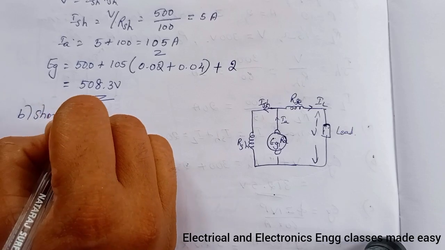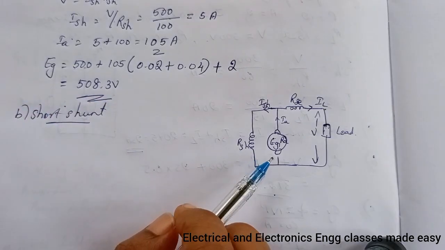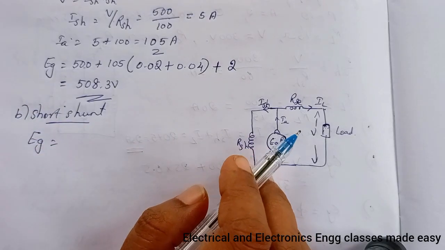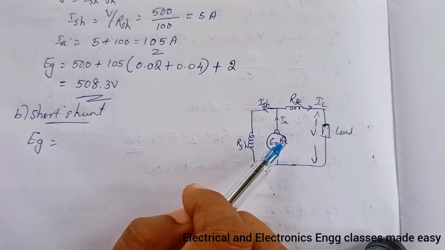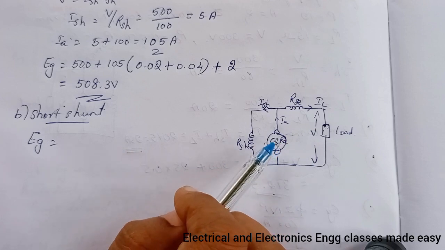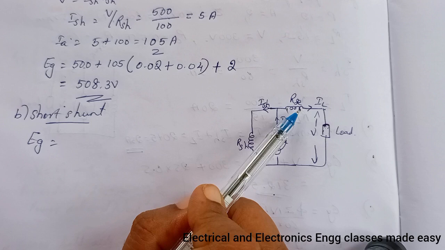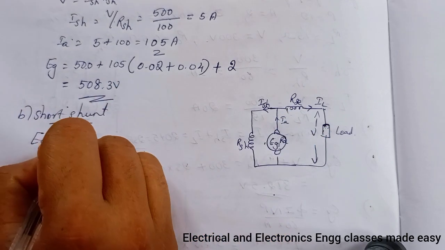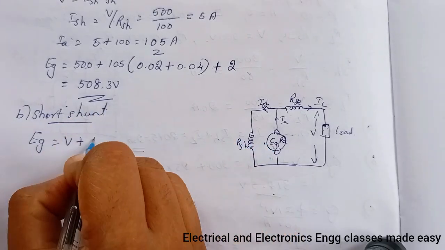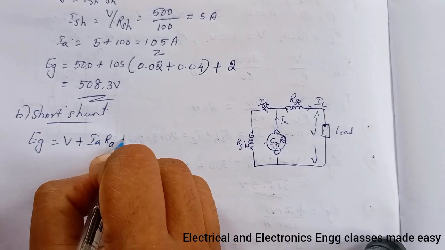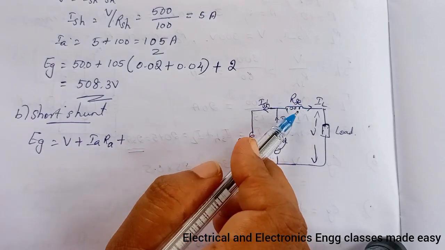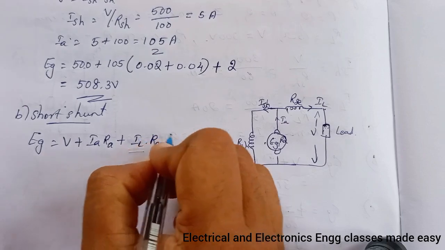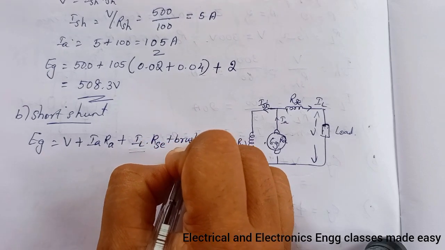Here to find the generated EMF EG, it is given as the voltage drop in the armature plus the voltage drop in the series field resistance plus the terminal voltage, that is V plus IA into RA, then plus IL into RSE, then plus brush drop.